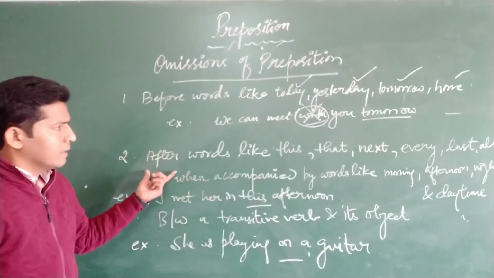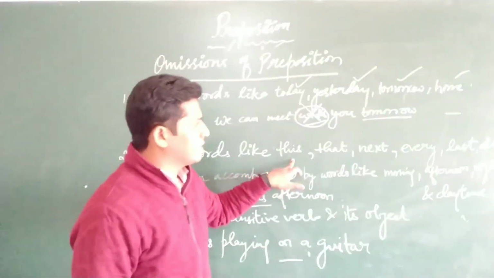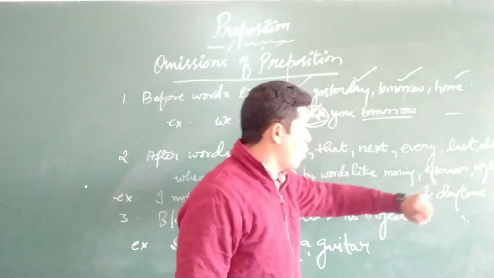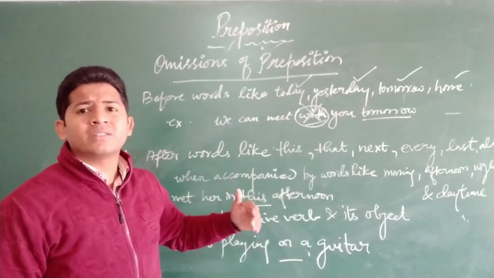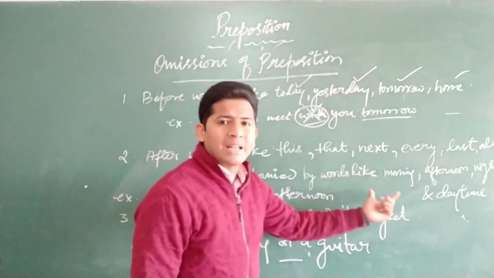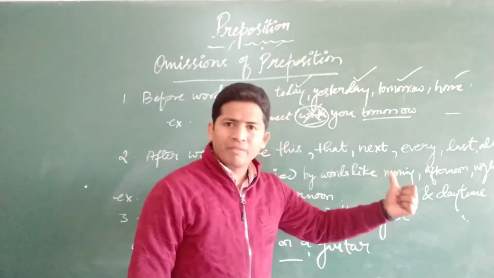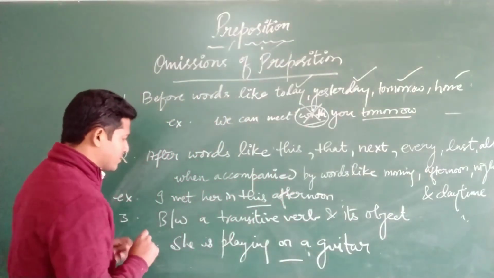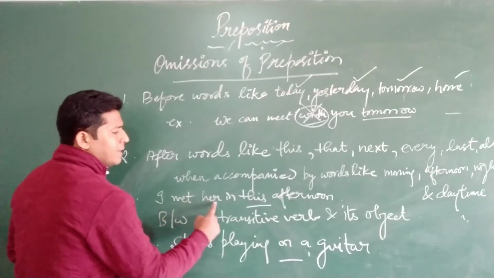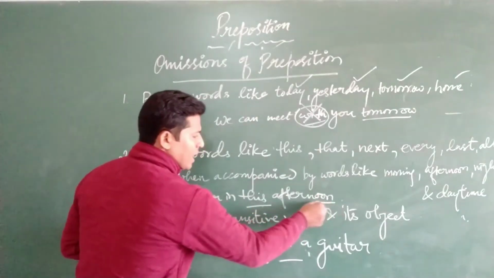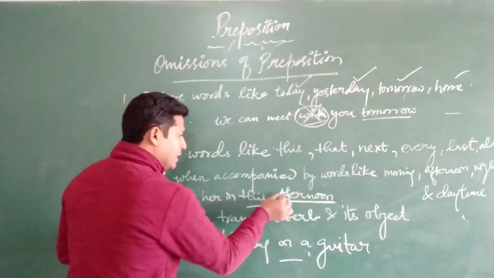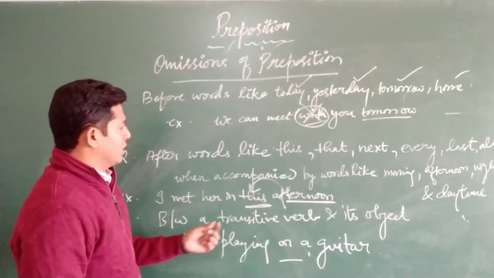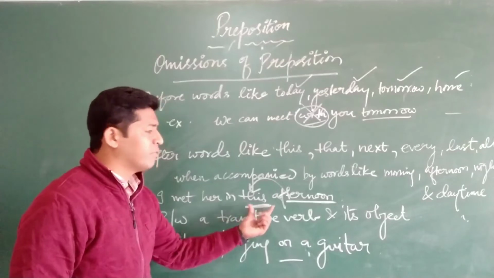The next case is, there are certain words like this, that, next, every, last, all. If these words come along with words like morning, night, afternoon and daytime, a preposition is not required. Let's understand this with an example. Suppose I say, I met her in this afternoon. We have the word afternoon and it is accompanied by this, which comes just before afternoon.